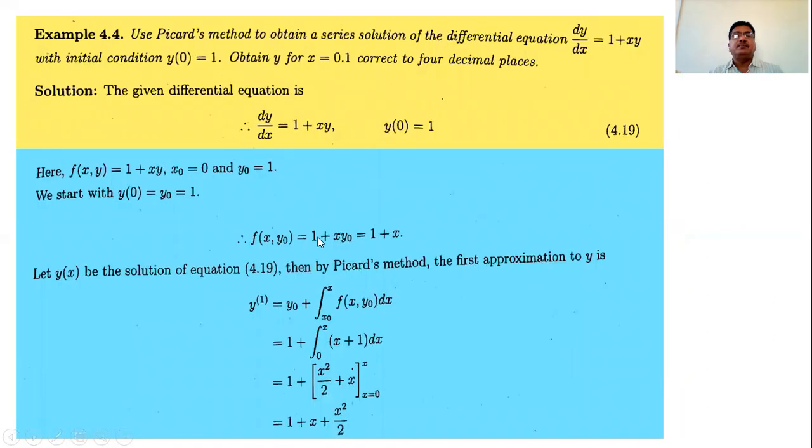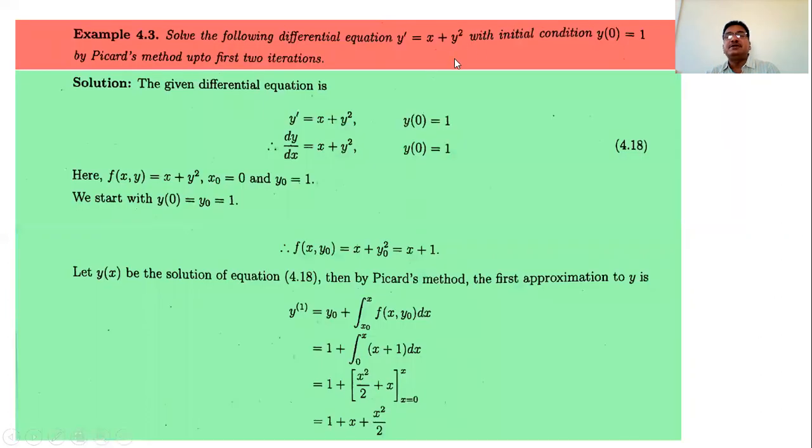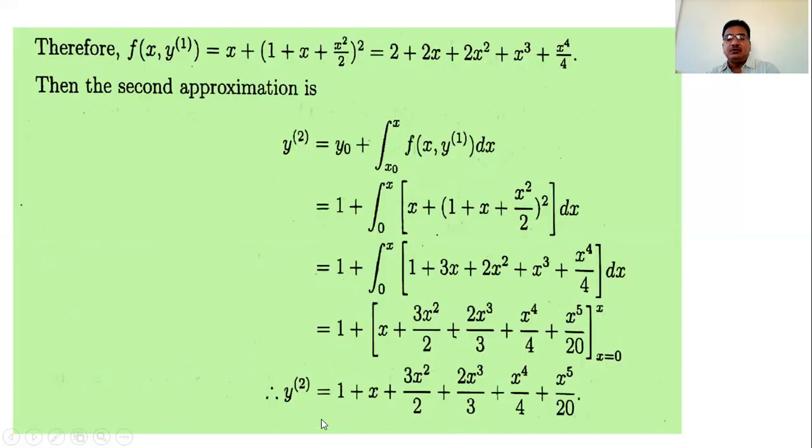Then the next problem: suppose this is the final answer, then write y of x equal to this as the general solution of the given differential equation. So after completing the first two iterations, write this as the final answer.